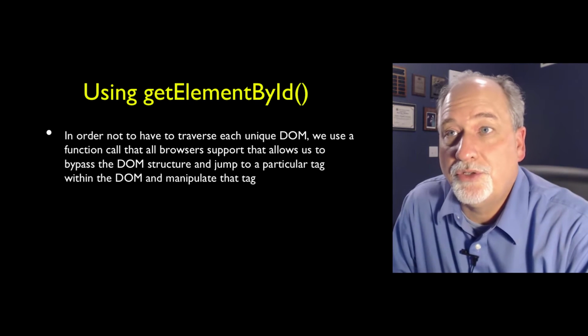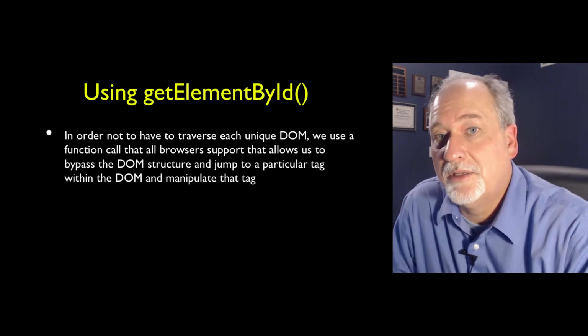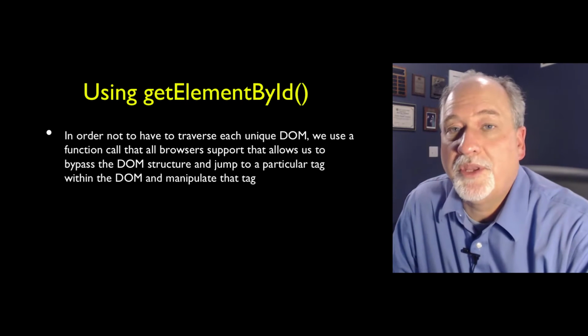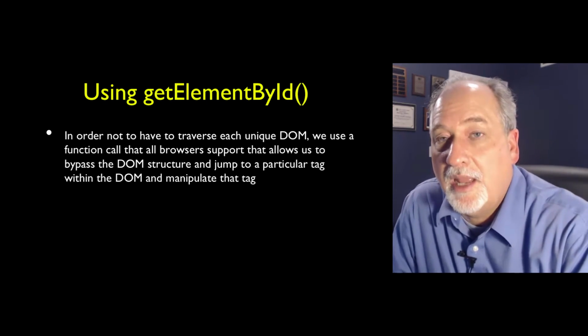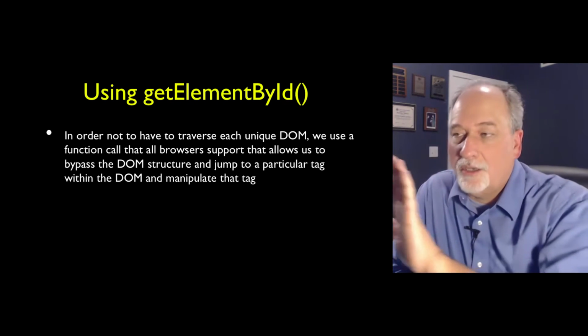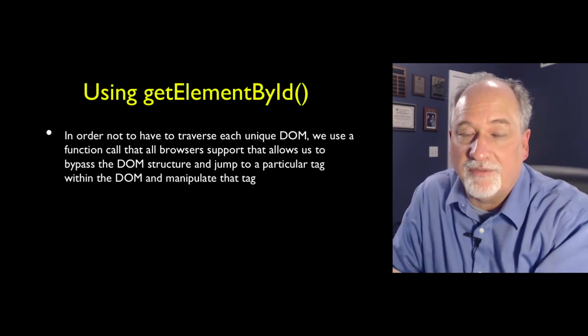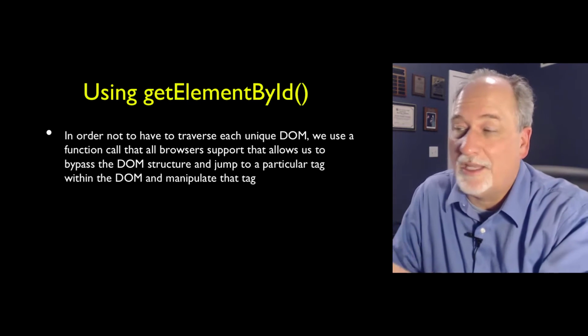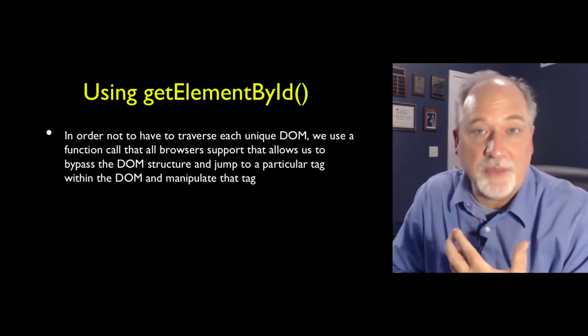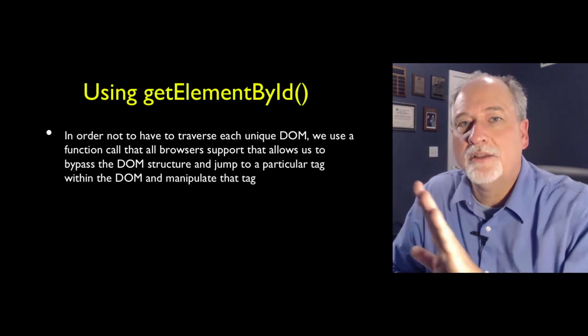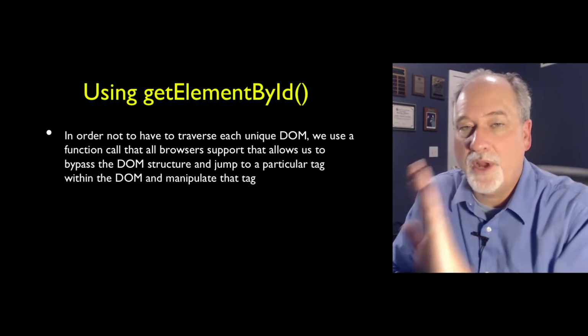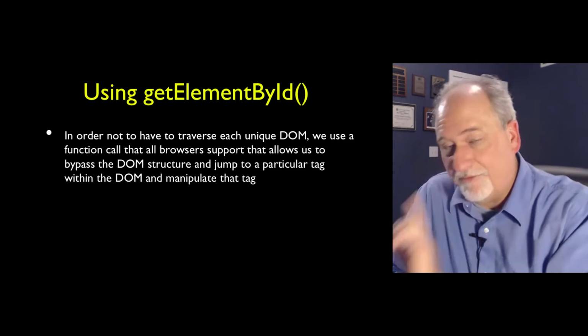That allows you to mark a particular piece of the DOM with an ID tag, and that's why there can only be one ID tag anywhere in it. And then you can say, I'm not going to look down hierarchically to find this thing. Just go find the thing that has an ID of Fred and give me back that thing and let me manipulate that thing. So it's a way to, in effect, very simply query the document object model and find something by an ID tag.